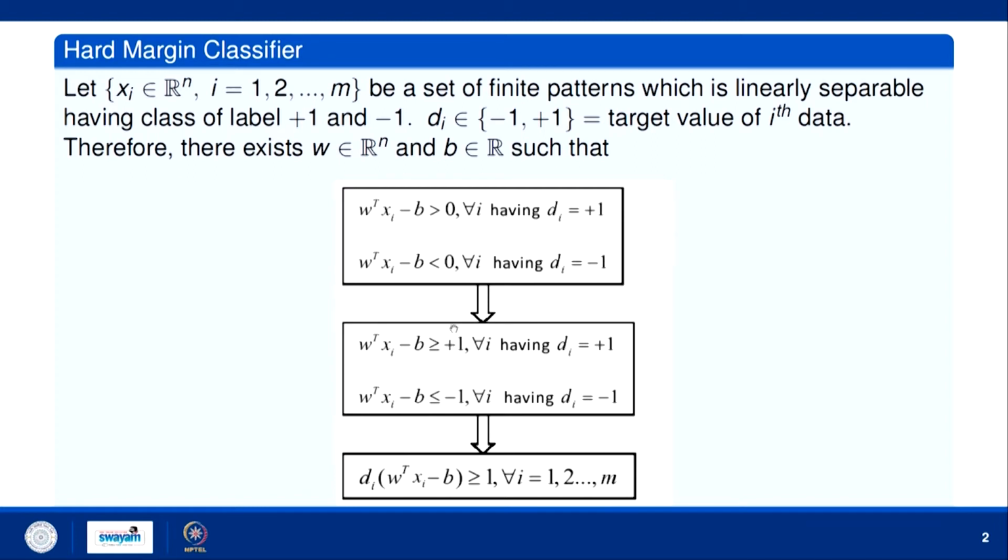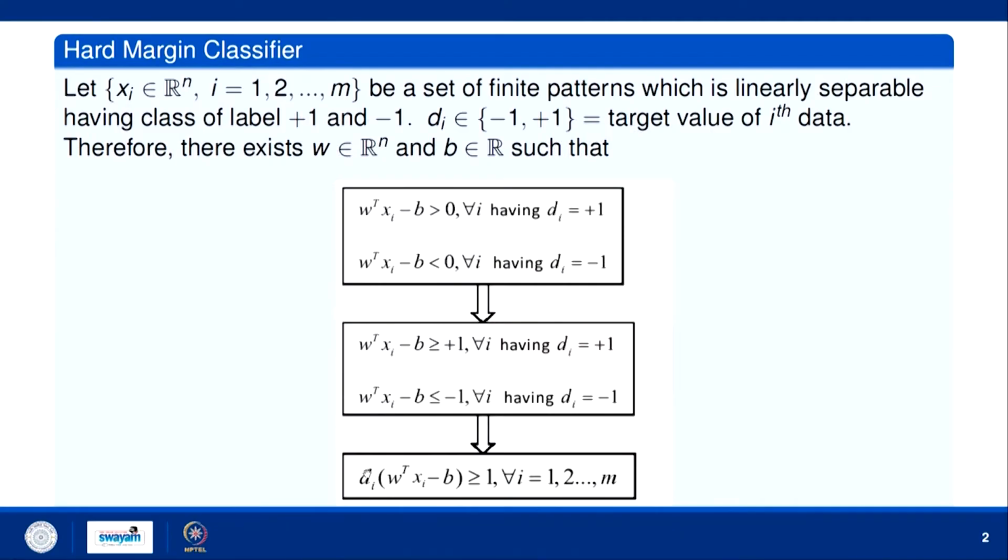If you want to combine these two constraints, they can be combined like this: di times W transpose xi minus B is greater than or equal to 1 for all i from 1 to m, because there are m patterns.